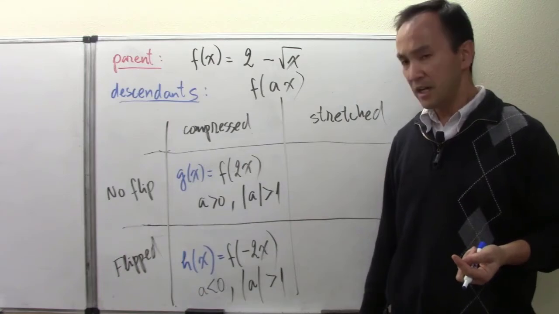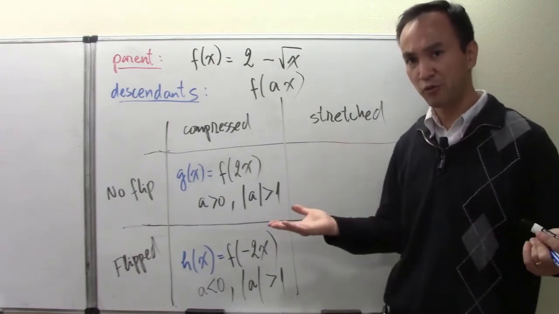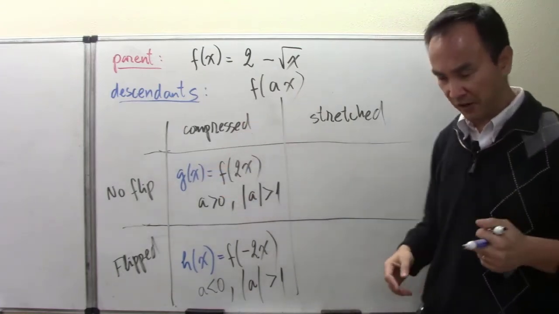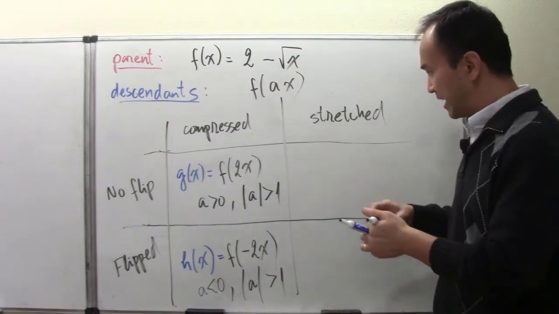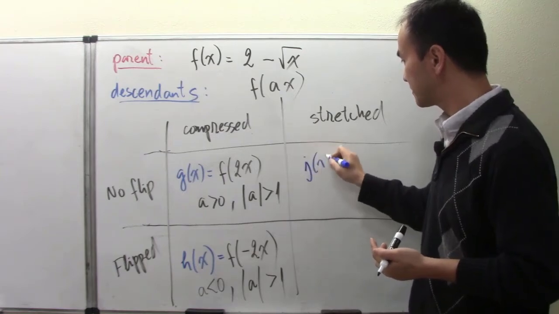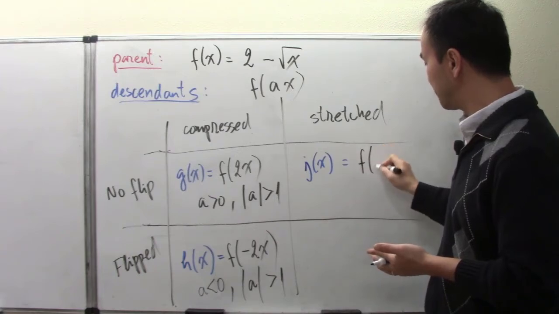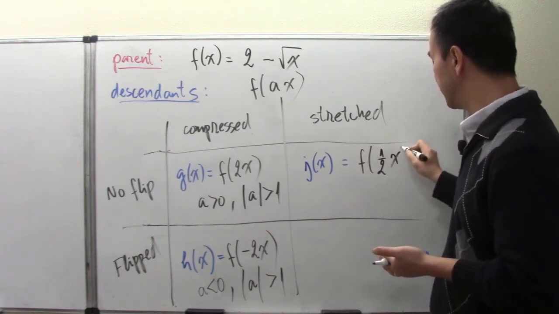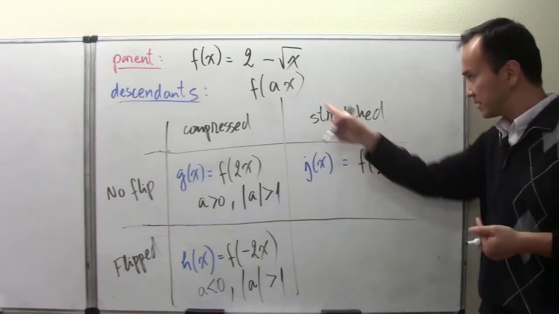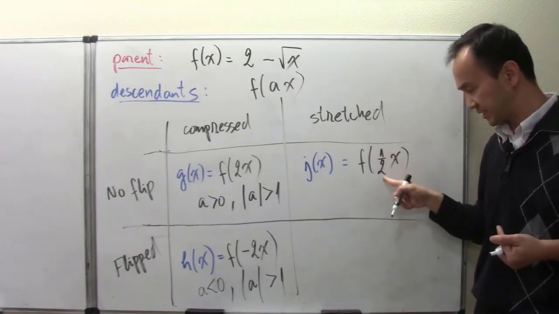As far as the stretch, we also noted a couple of graphs that stretched out horizontally from the parent function. Which one was that? We had j of x, defined as f of positive 1/2 x, the parent function taking the expression ax for its inputs, where ax here is 1/2.